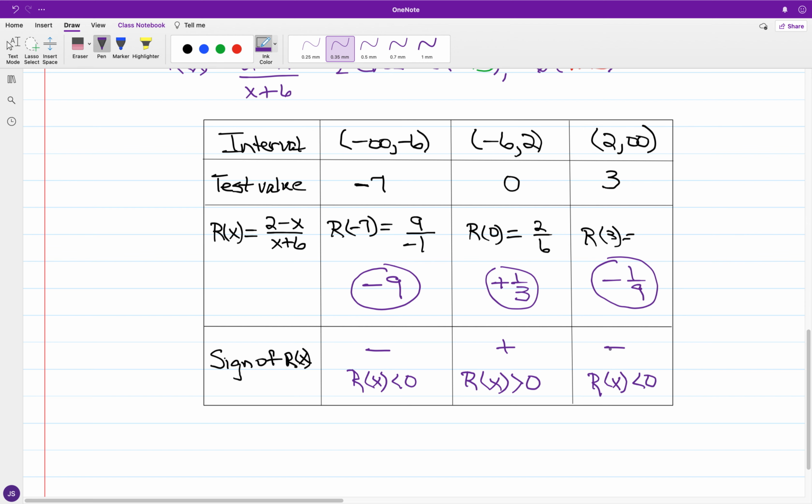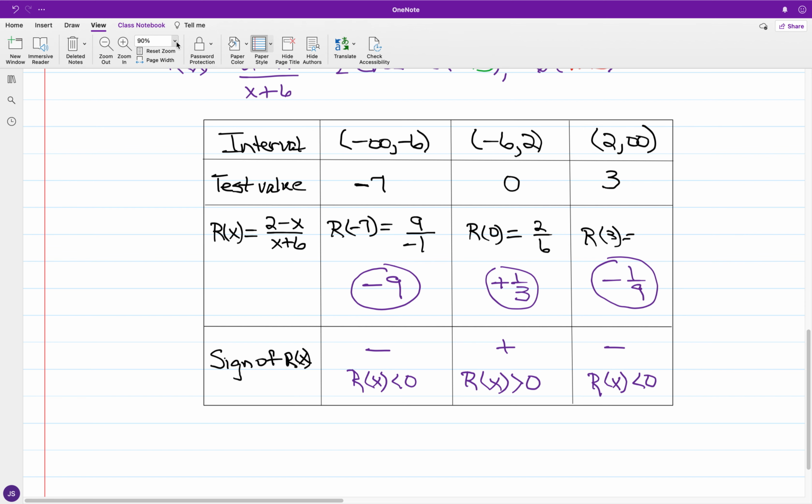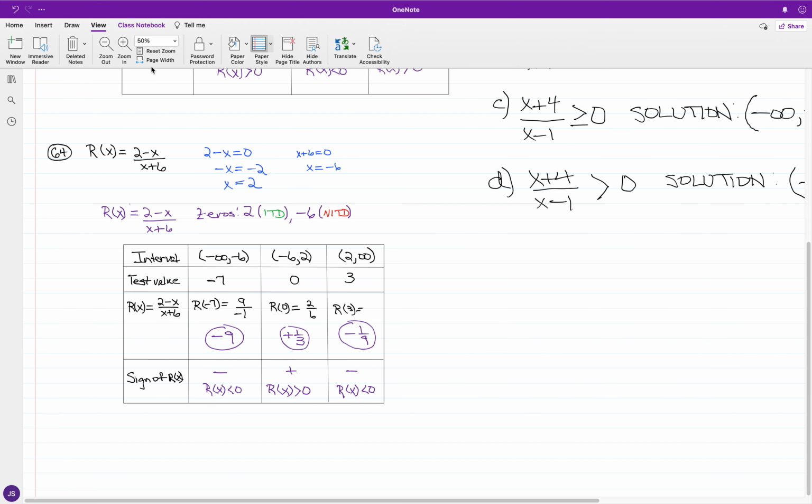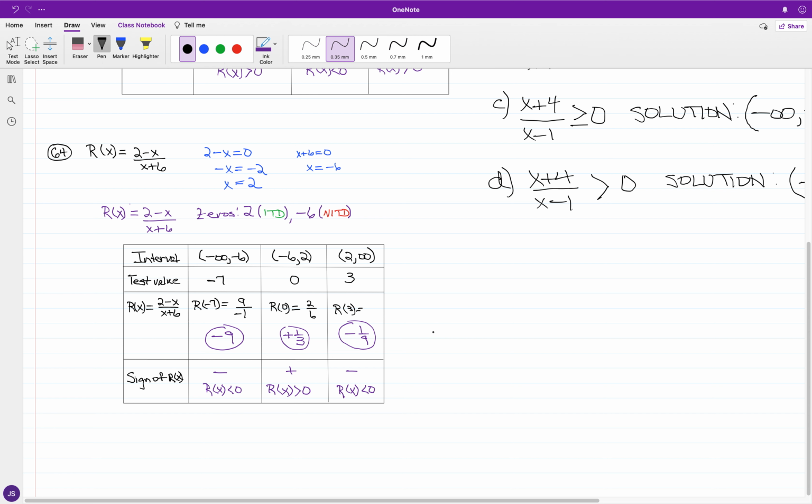Now, in the case of what we have for the inequality, we're looking at where 2 minus x over x plus 6 is greater than or equal to 0. So in essence, you're looking at where r of x is greater than or equal to 0.